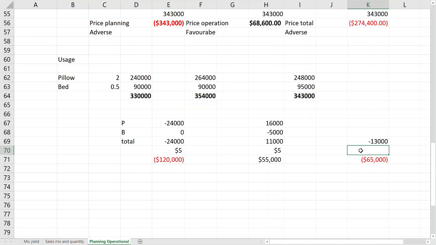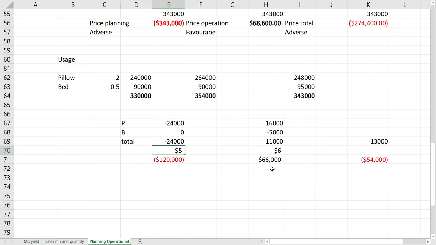So when you are calculating total variance, you are using one price. Either you are using the 6 price, or I've used 5 in both of them. Let's make this 6, then you will understand the confusion. I know the quantity is 13,000. But when I'm calculating total variance, should I use the 6 price or the 5 price?